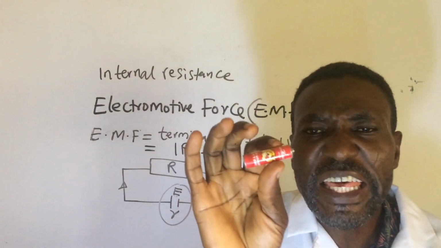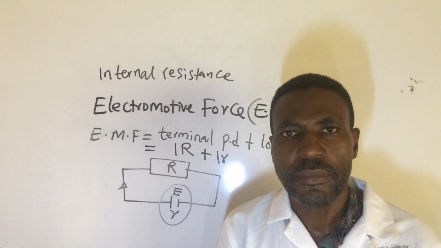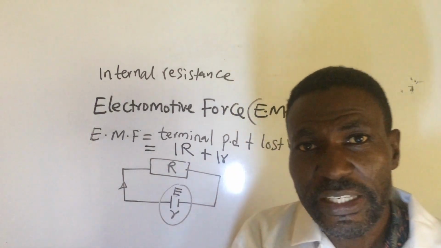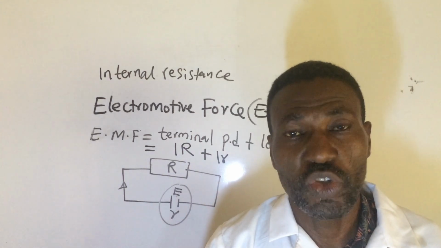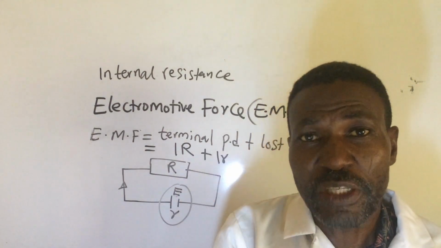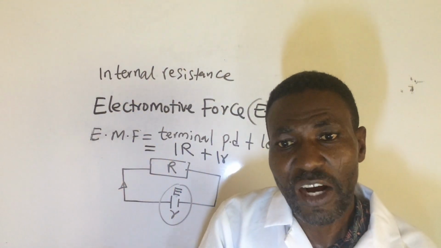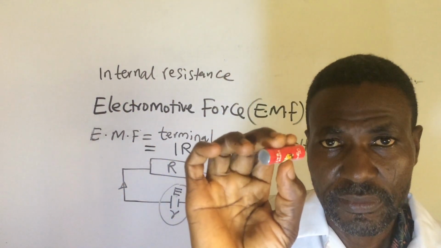Now, the total E.M.F will become the potential difference across the external resistance, which is the light it owns, plus the potential difference across the internal resistance, which is the internal resistance in this battery.